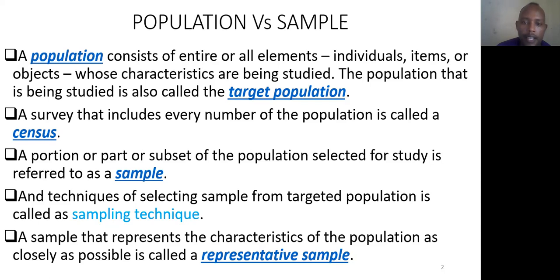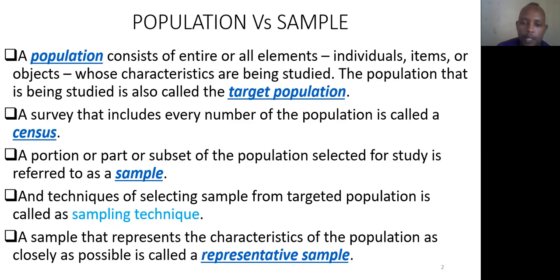A survey that includes all the members of the population is called a census, whereas a sample is a part of the population that is selected for a study.